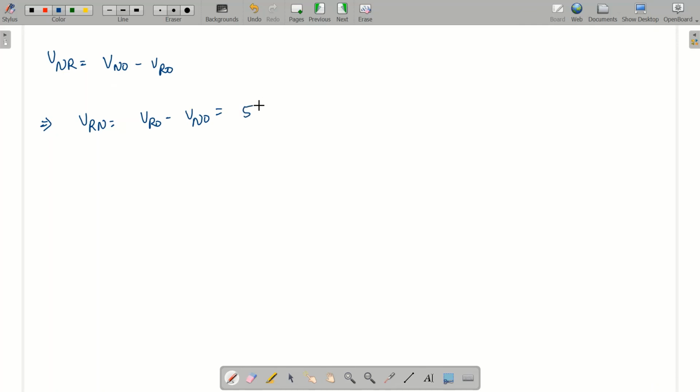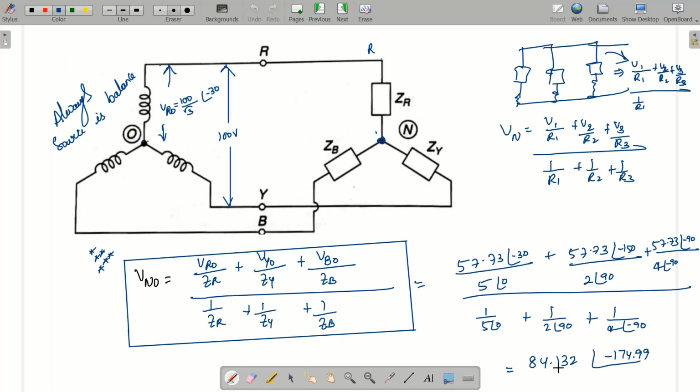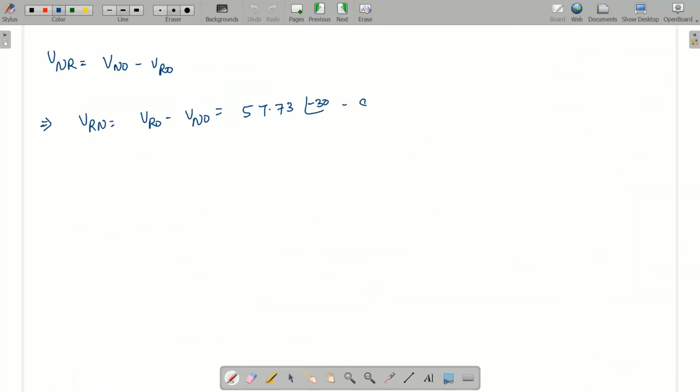VRO we have already found: 57.73 at an angle of minus 30, minus VNO. The value of VNO we just found in the last slide: 84.132 at an angle of minus 174.199.